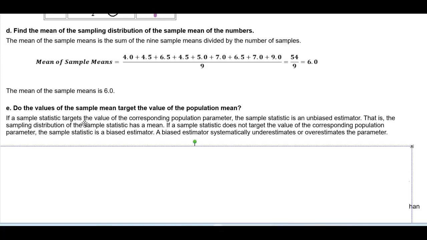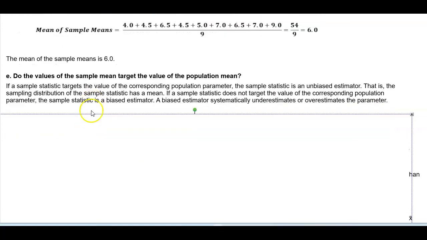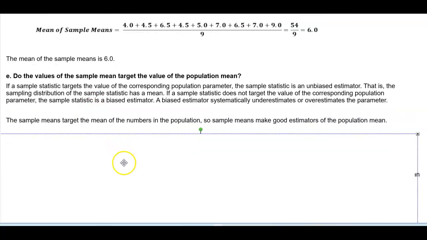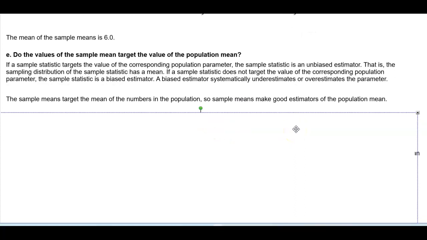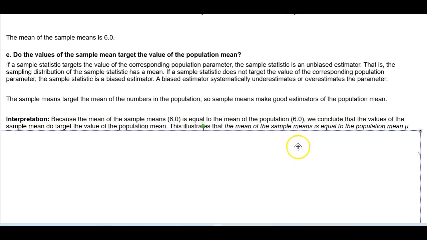If a sample statistic does not target the value of the corresponding population parameter, then the sample statistic is a biased estimator. A biased estimator systematically underestimates or overestimates the parameter. In this case, the sample means target the mean of the numbers in the population. So sample means make good estimators of the population mean.